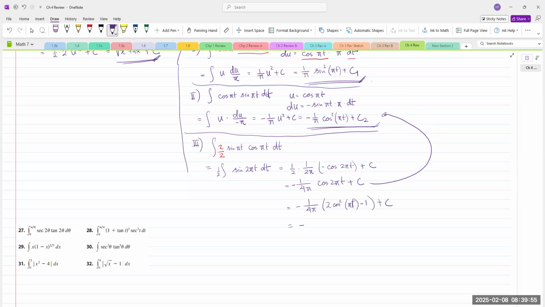Then I will get negative 1 over 2 pi. Huh? Why 2 pi? Why is it over 2 pi? Oh, that one I wonder.